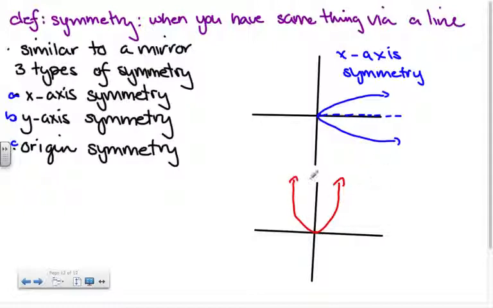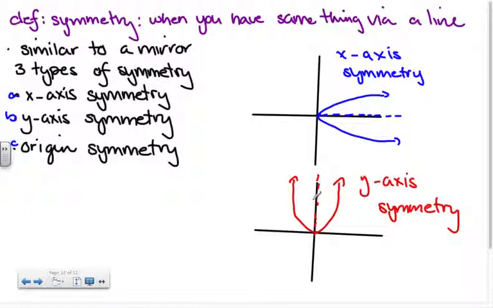And this is my y-axis symmetry, where you see exactly the same thing across the y-axis. You'll have to deal with my drawing. It's not really all that great, but I didn't major in arts, so what can I say?